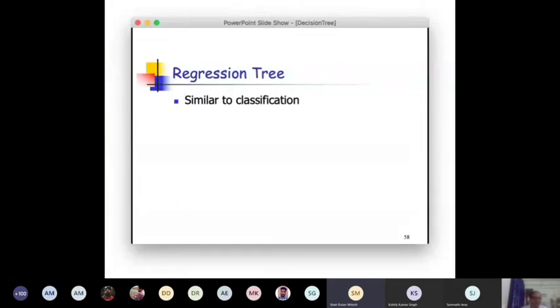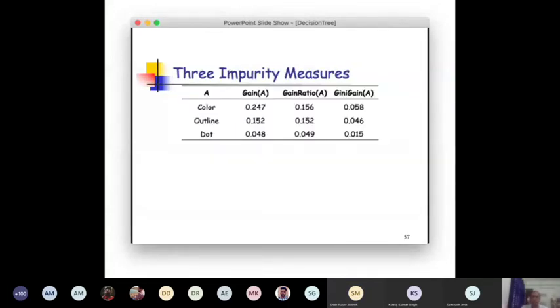I just tried to mention that in the Gini index, if you look at the function plot, it will be something like this.